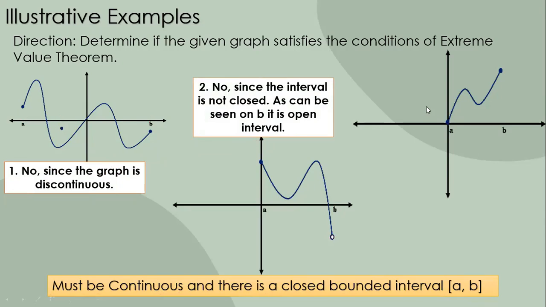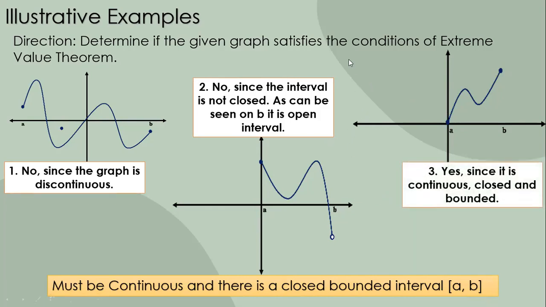Sa number 3 naman, we have, okay, nag-occur yung graph from A hanggang B and then closed siya sa A and B. Okay, and as we trace our graph, that is continuous. So thus, it satisfies the extreme value theorem.